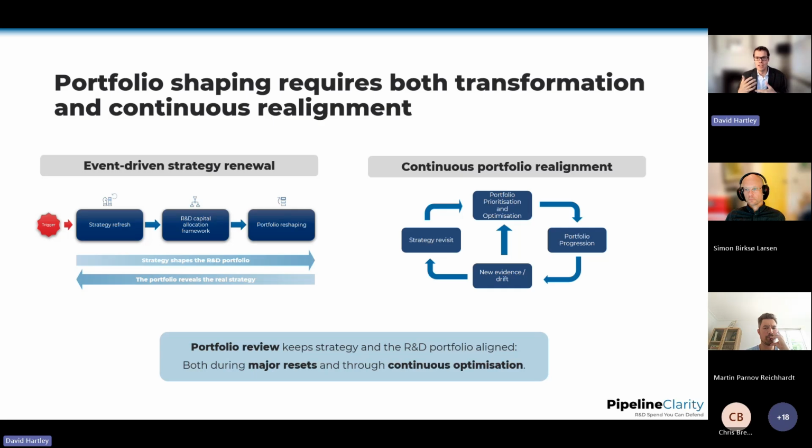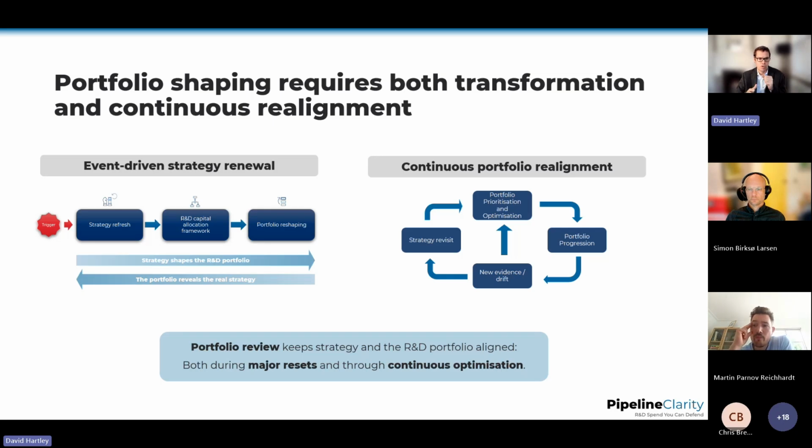You get new evidence, you get new data, there's drift in the projects, and that requires you to either do some more prioritization and optimization to embed those new changes and ensure that your portfolio remains aligned to the strategy, or it may, in instances, mean that you need to revisit that strategy and change some of the elements of it, and then go back through that loop.